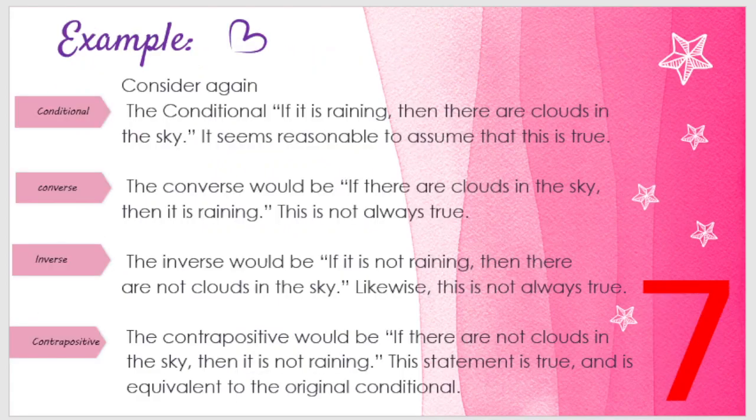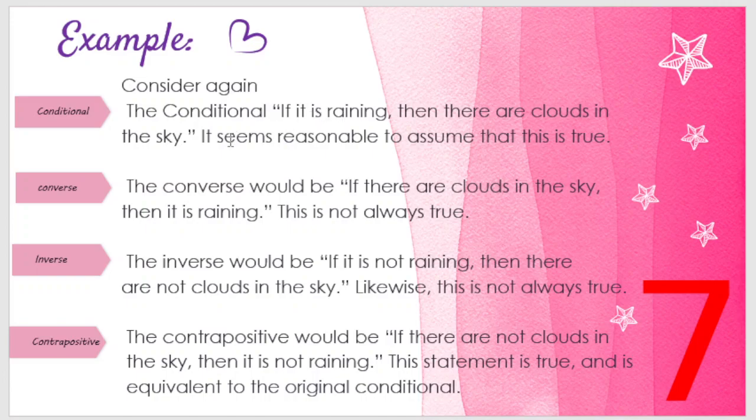So let's have here the example. Consider again the conditional: if it is raining, then there are clouds in the sky. So this is a form of conditional. P here is if it is raining, and Q here is there are clouds in the sky.